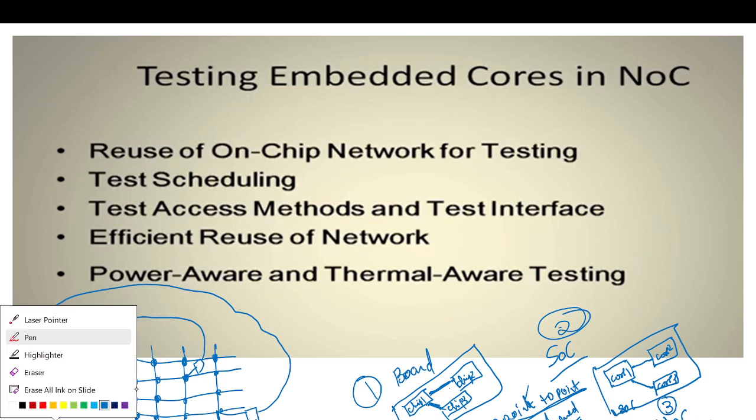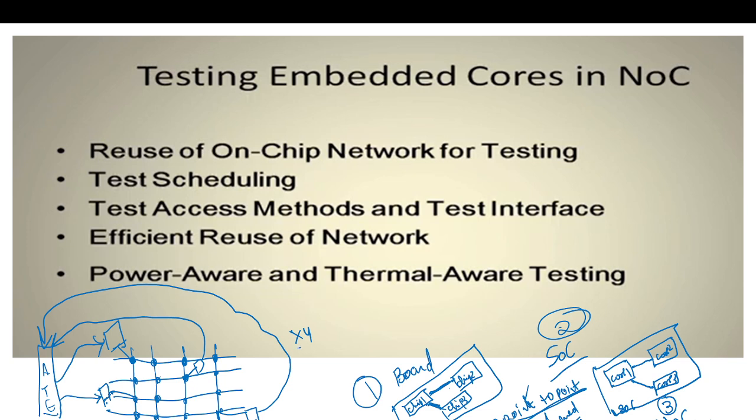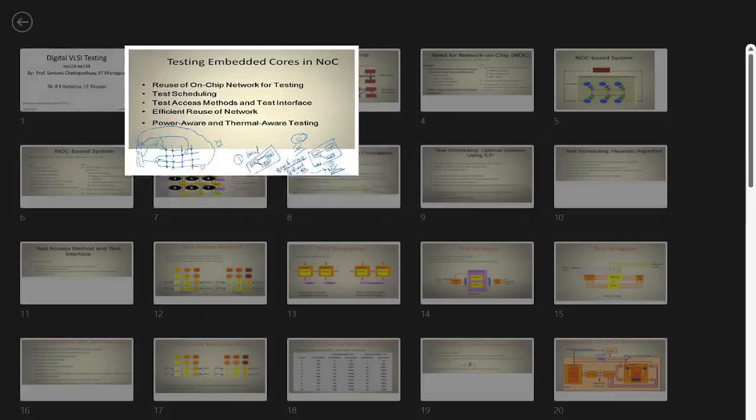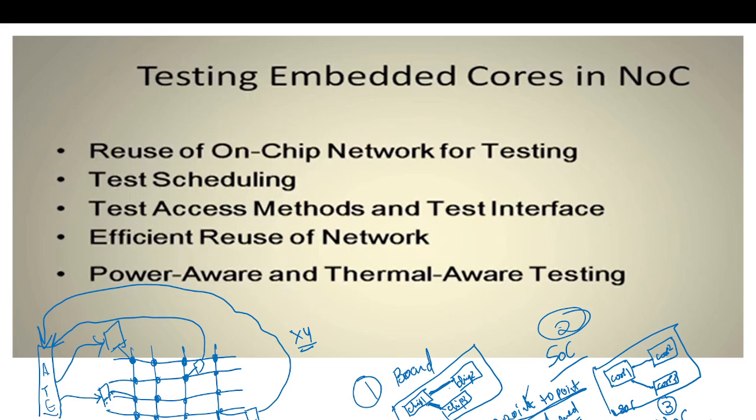Now if we are following XY based routing, that is, we travel through the X direction first, then the Y direction. Say I am testing this particular port: I have to travel in the X direction and then the Y direction, and we come to this port where we can collect the output back to the ATE for analysis.